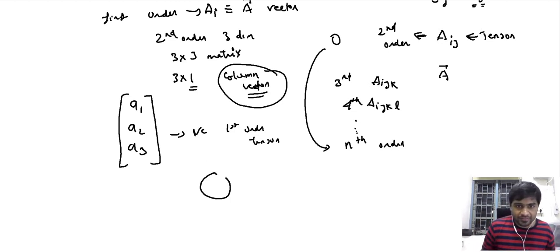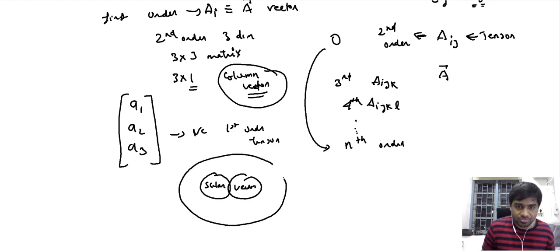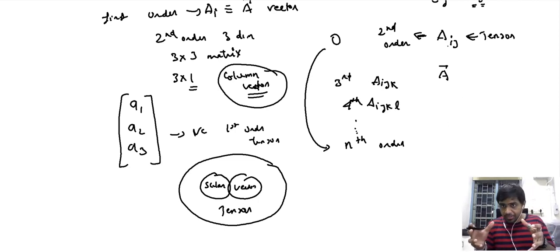We have a separate sphere of quantities that we refer to as the scalar. We have a separate sphere of quantities that we refer to as the vector, and tensor encompasses both. And again, when we say that a tensor is a quantity that is dependent on 2 different directions or 2 different coordinate axes, a combination of them, what we are essentially talking about is the second order tensor.